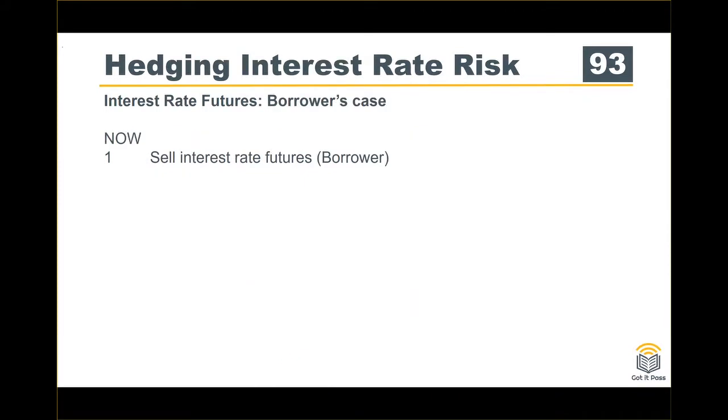So, for example, the borrower's case. The borrower's case means the risk is the interest rate going up, right? So it means the price of the government bond is going down. Here's the risk. So how to make profit by the interest rate futures?